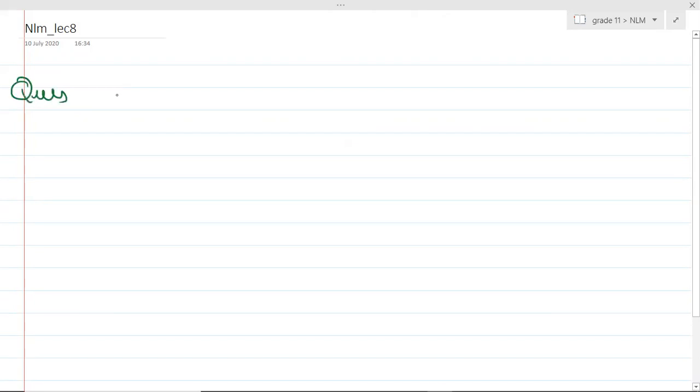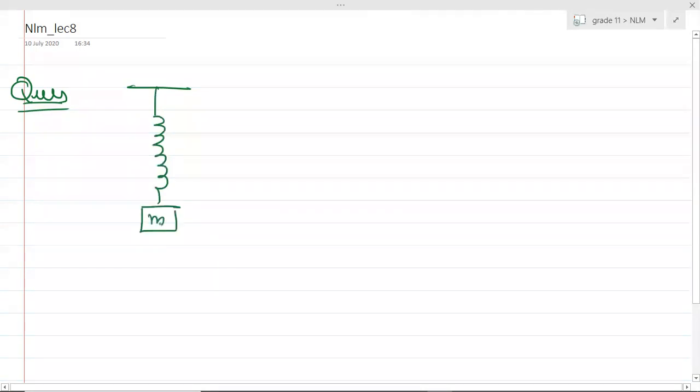First of all, let's say there is a mass m connected to a spring of spring constant k, and it is hung from this particular support, right?